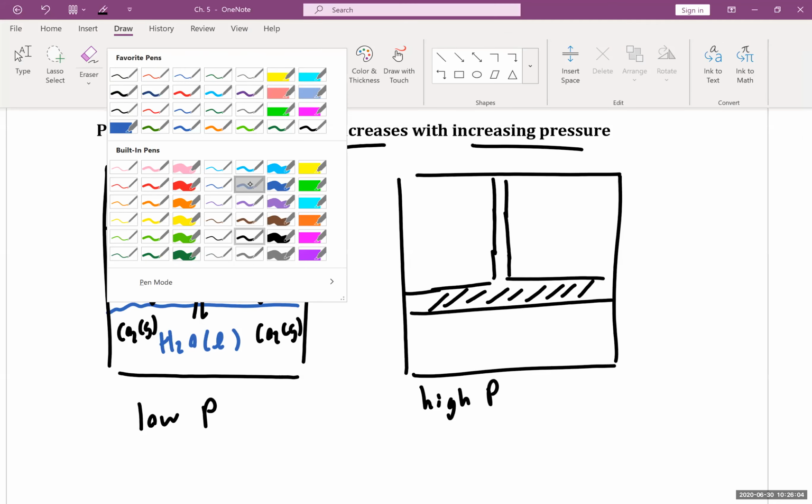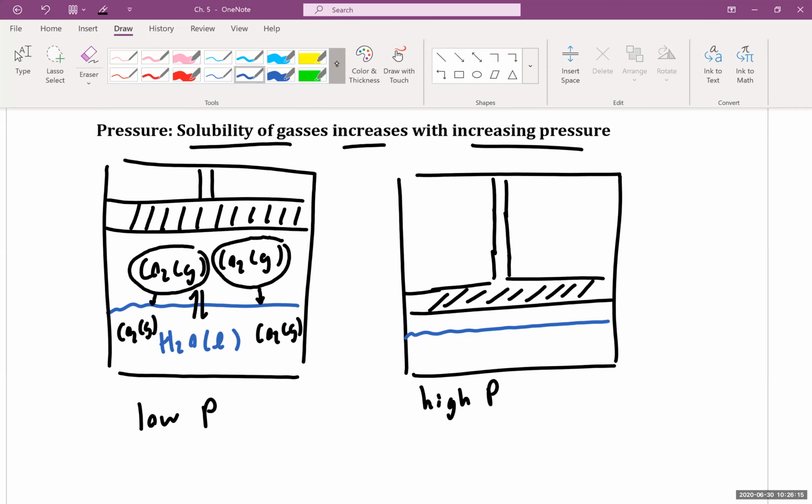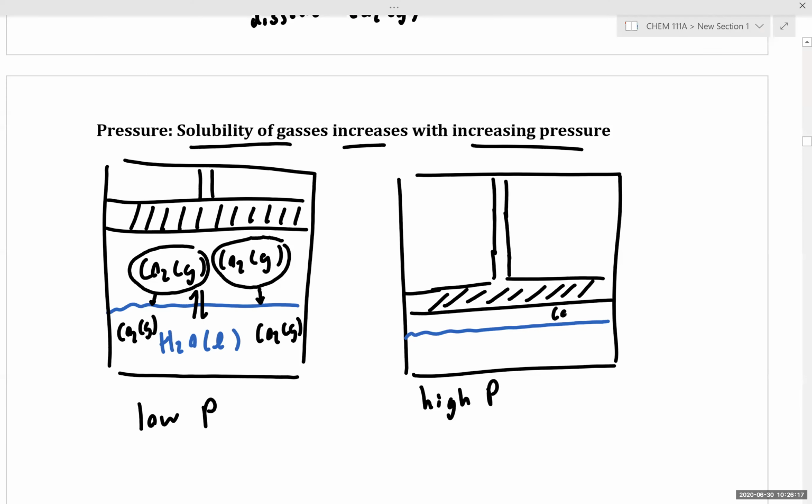Well, now we begin to see that our carbon dioxide doesn't have a lot of space left. So when we reduce the available volume, your carbon dioxide has less space to work with and it collides with the surface of your liquid more readily.